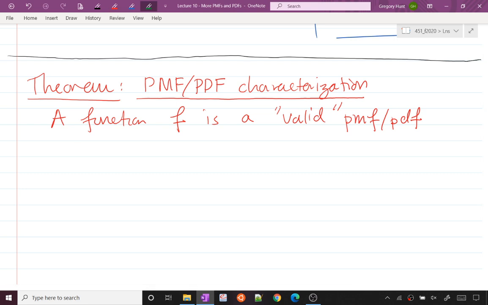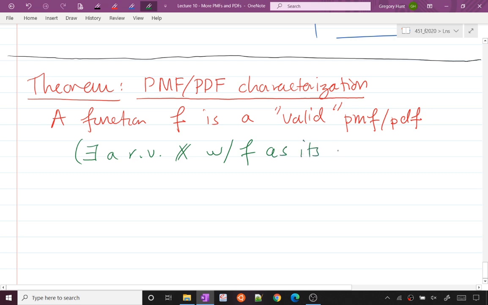What we really mean by this is that, let's say there exists a random variable x with f as its PMF or PDF. That's what we really mean by valid, right?